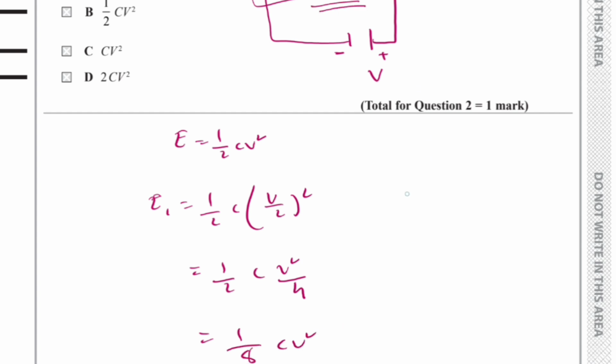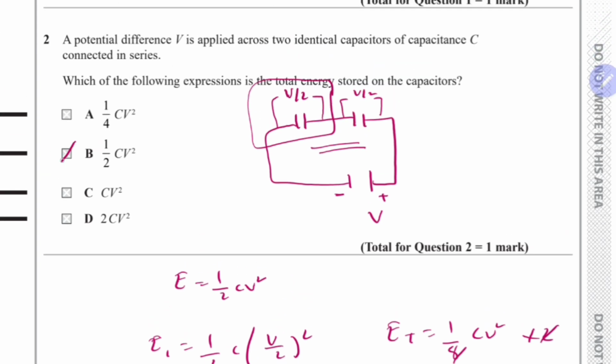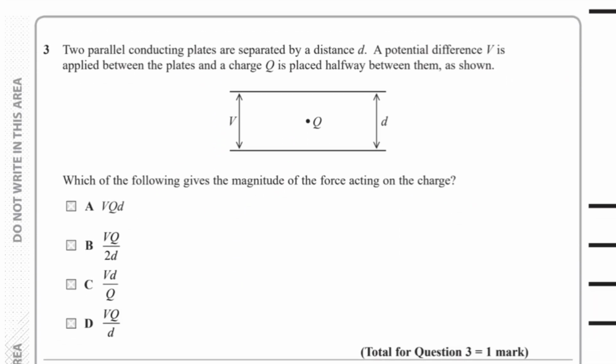As there are two of them, now we're going to write the total of it. We already have it here. 1 by 8 CV squared into 2. If we cancel them out, it's going to be 1 by 4 CV squared. We have this option in number B.